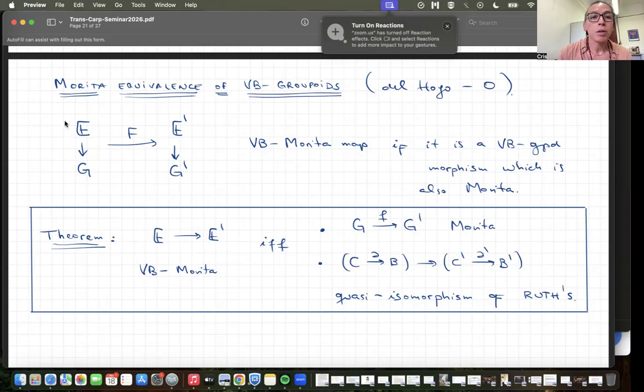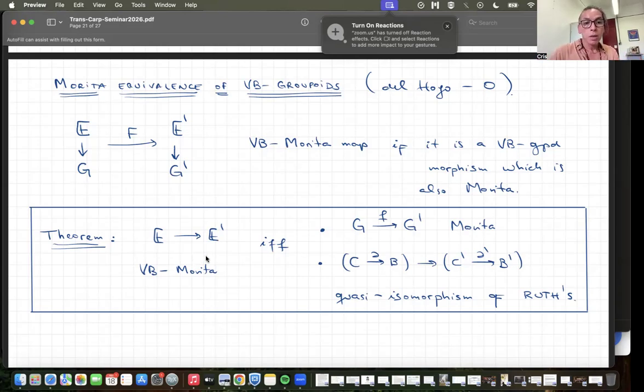It's a Morita map between the groupoids E and E prime, and this map is linear. That's the point, okay? And there is a theorem that we proved with Matias Del Hoyo, which fully characterizes this VB Morita map in terms of information on the base and along the fibers.